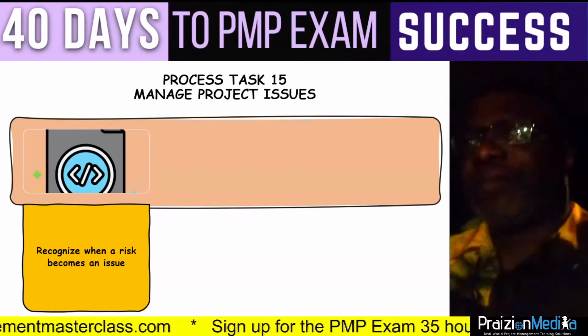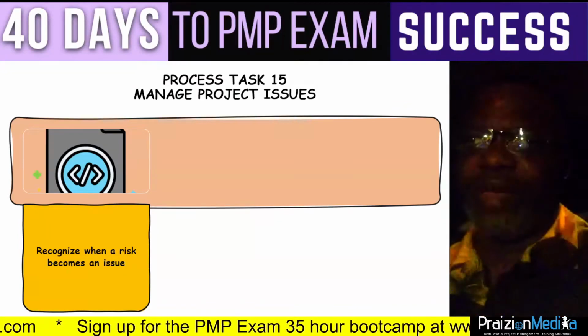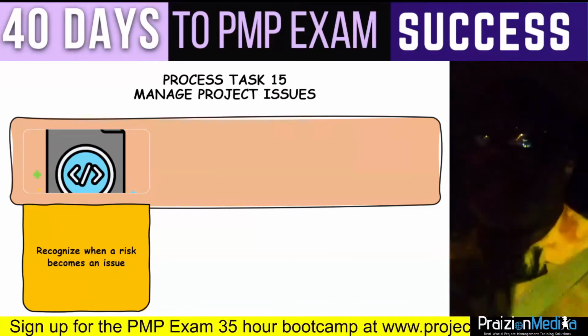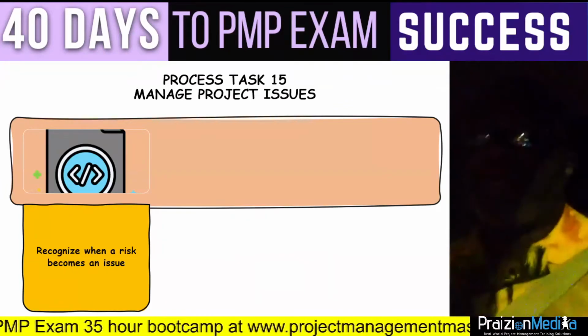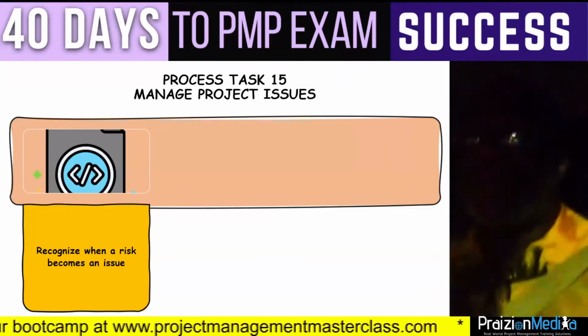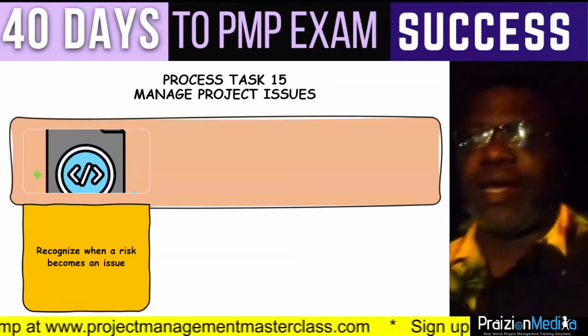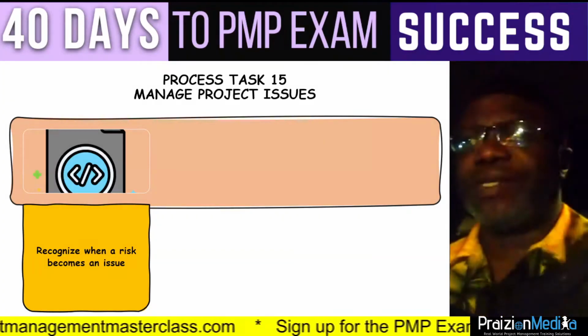So you as a project manager, you need to be vigilant in order to manage risks effectively, project risks, and in order to manage project issues, the key thing is vigilance, right? Now, the risk register enables you keep track of identified risks.